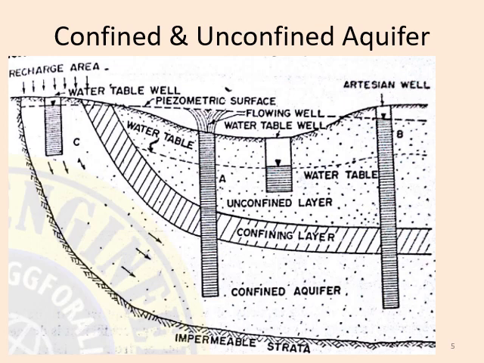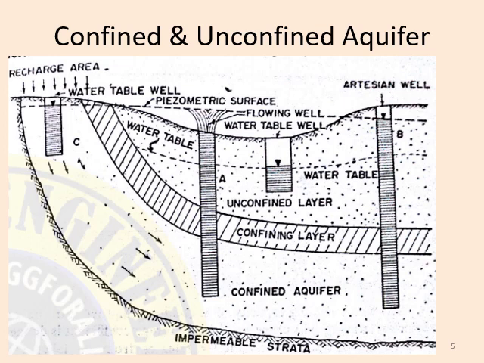Now water is naturally coming out from the well, so it is named a flowing well. This layer is showing the ground level, the earth level actually. At well B, the ground level is here and the water level is here.